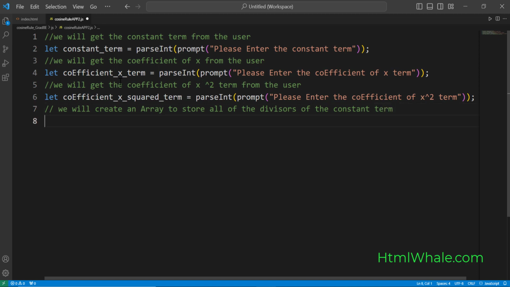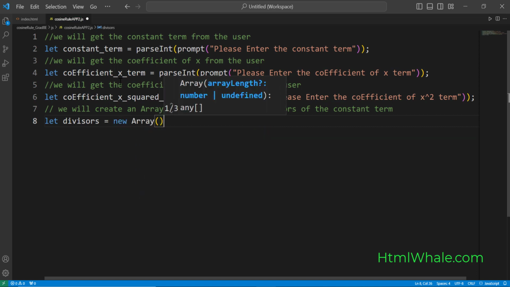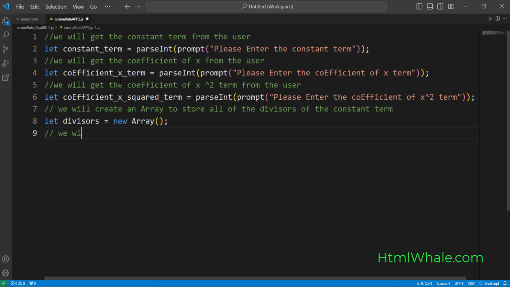So this is going to be let divisors be equal to new array. So an array is created, and also we want to know the number of divisors. So we will have to create another variable to keep count of the divisors of the constant term.